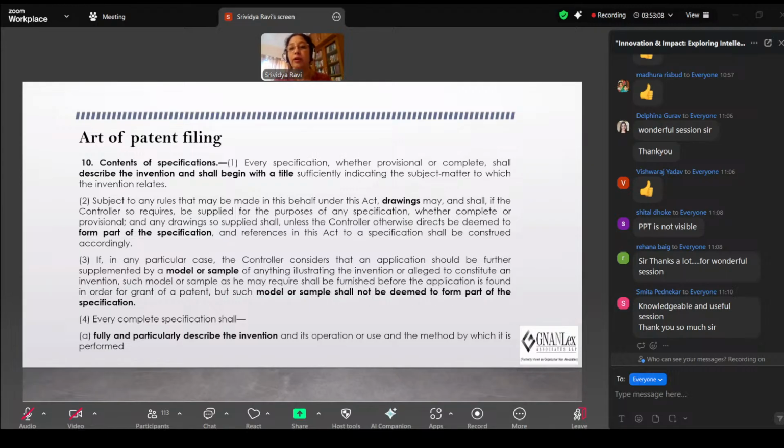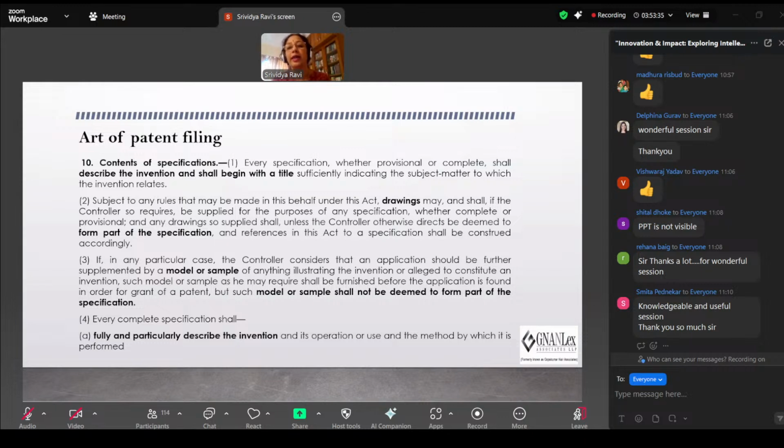So if you're typically having some device, or if you're, for example, even simply filing a patent application for a pen, then you can describe or bring out the features that you want patented through drawings and then support it with text. So that is perfectly allowed in a patent application.